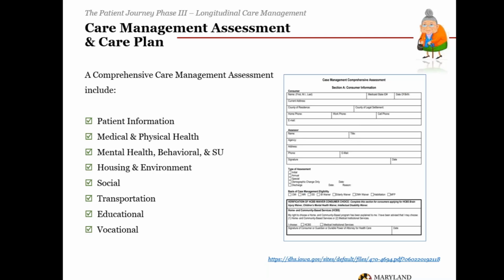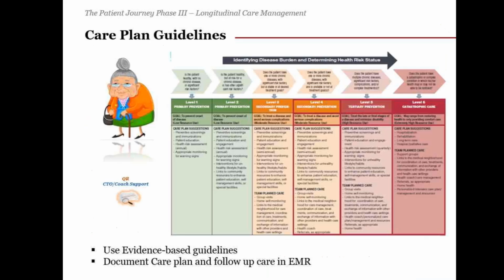The different subcategories in this assessment, I think it's a 4 or 5 pager, are patient information, medical and physical health, mental health, substance use, housing and environment, social, transportation, educational, and vocational. That way it pretty much covers every concern that the patient could possibly have.